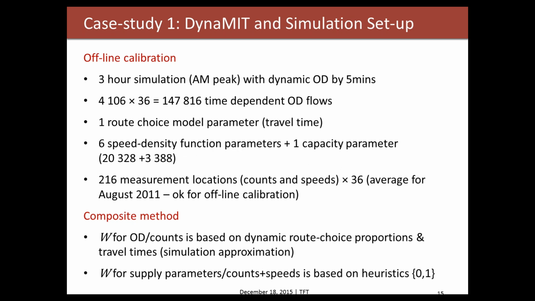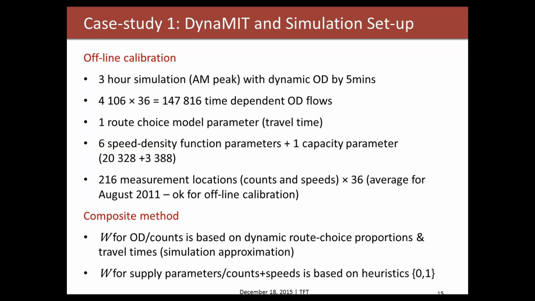So these are our parameters that need to be calibrated, our X variable from the previous slides. Then we have one route choice model parameter. The route choice model has more parameters, but we selected only one, which is based on travel time: the importance of travel time in route choice.